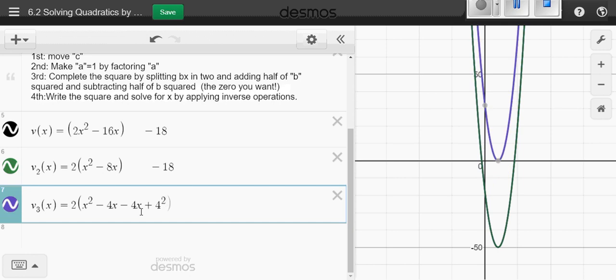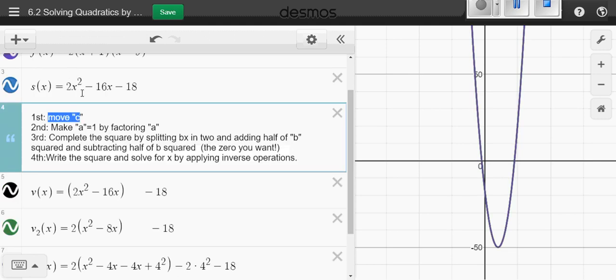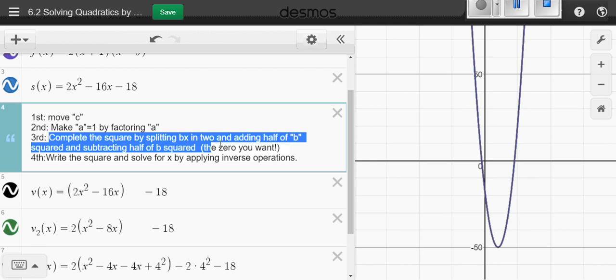Since I added it, I now have to subtract it. But note that I have to multiply it by a. Okay, so this is my step 3. Complete the square by splitting b of x in 2 and adding half and subtracting half of b squared.